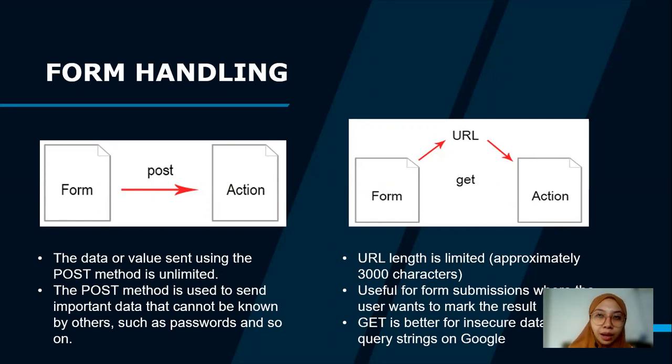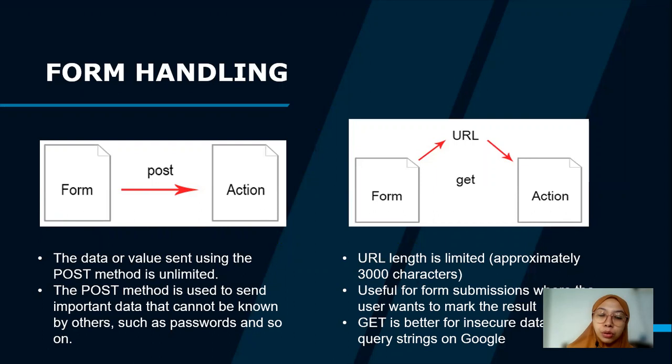So for something like a password, or maybe something you need others not to know about, you can use post, because it is dangerous if someone sees your password in your URL, and there is more chance of getting hacked, of course.